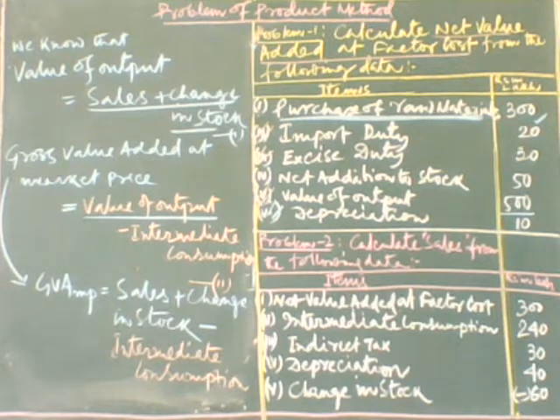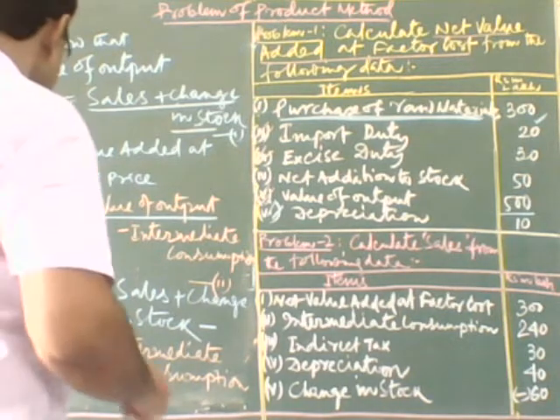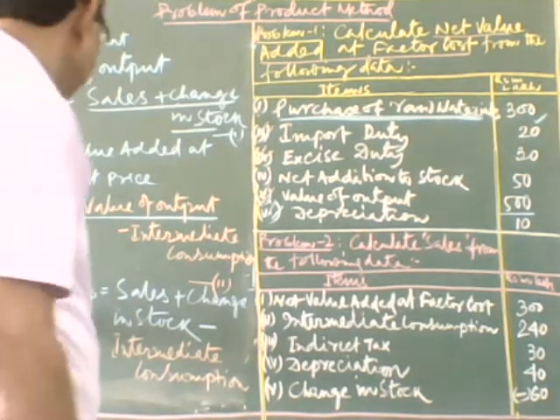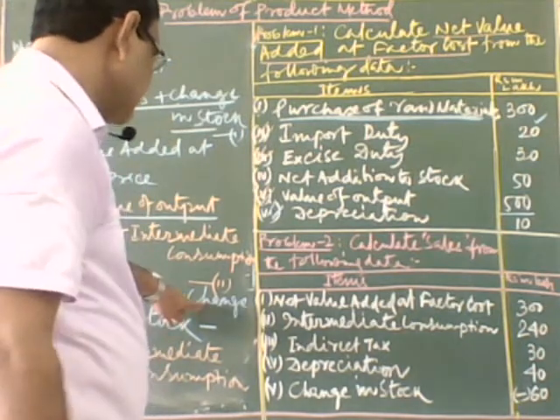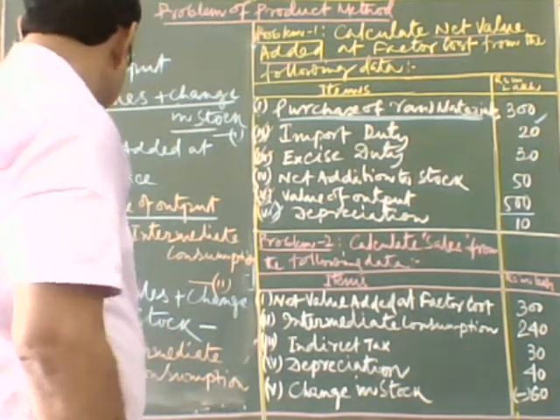Now we have to put the value of GVA at market price, change in stock and intermediate consumption.